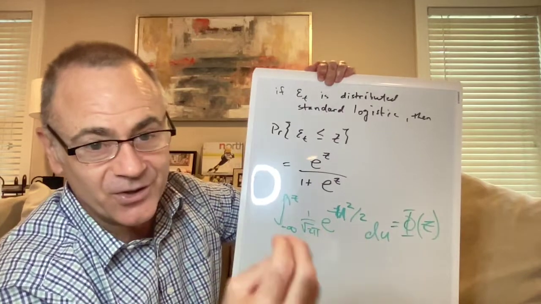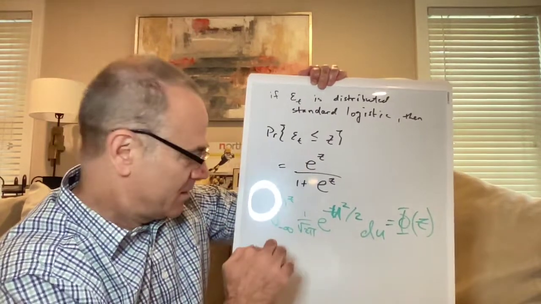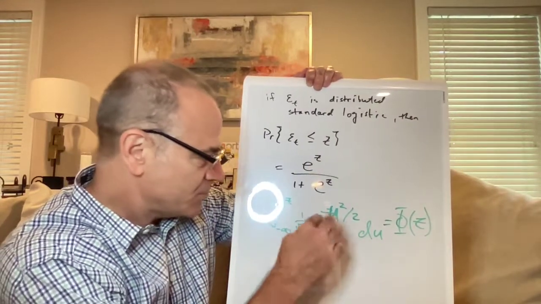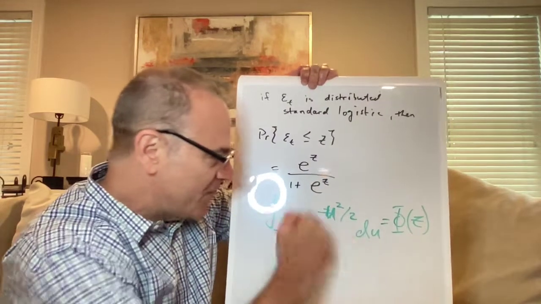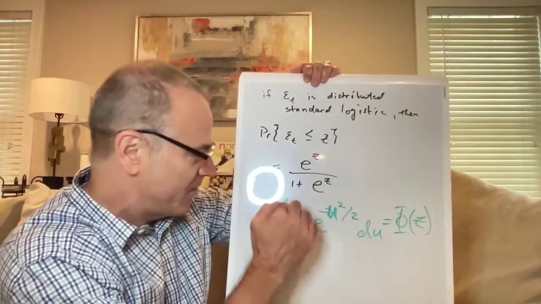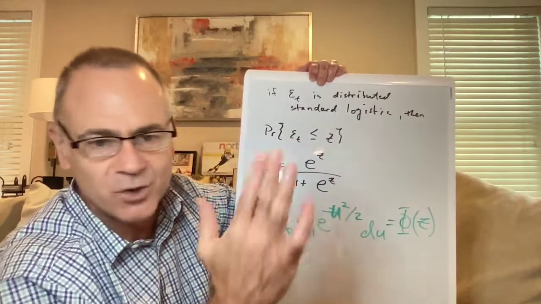So you set up your computer to integrate as u goes from negative 5 to z, which might be 2.4, whatever it is.